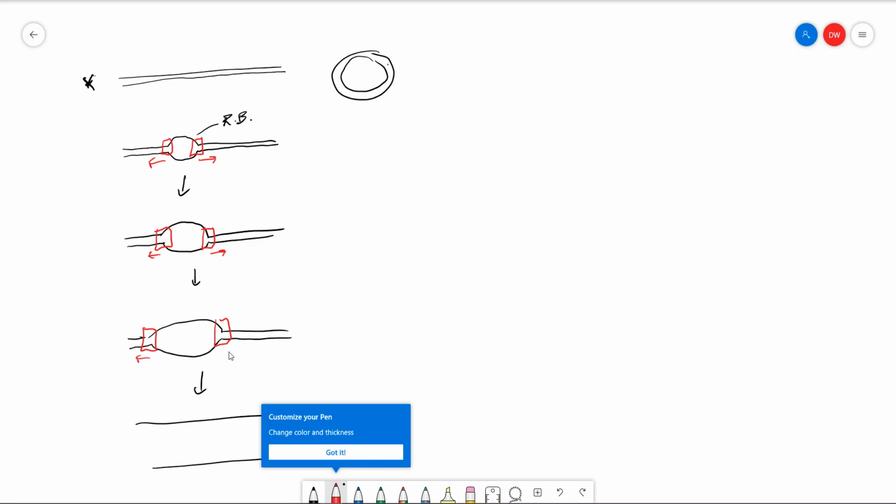But those replication forks are moving in opposite directions. You can think of this if you had a piece of string and you doubled it over and then twisted it into a helical structure, okay? And then, well, you could do this with a rope too, right? A rope is already sort of like this. If you try to separate the strands, creating something like a replication bubble, and you open up those strands, you would see the forks as they are moving in opposite directions.